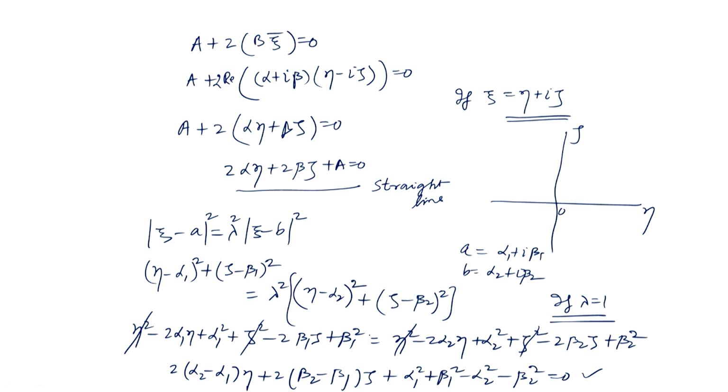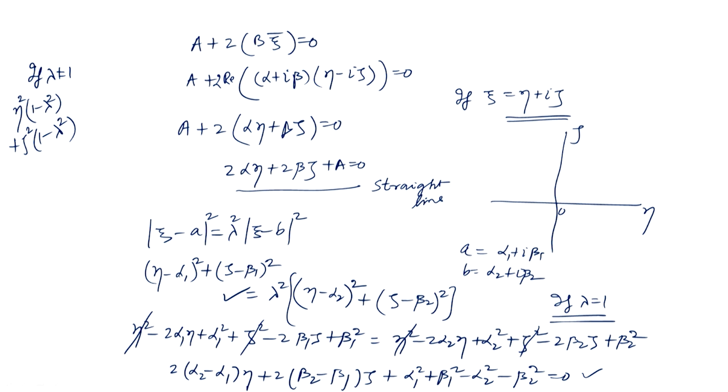Then the eta square and zeta square terms will not cancel. So, if lambda is not equal to 1, then this equation implies that we will have eta square times 1 minus lambda square plus zeta square times 1 minus lambda square.